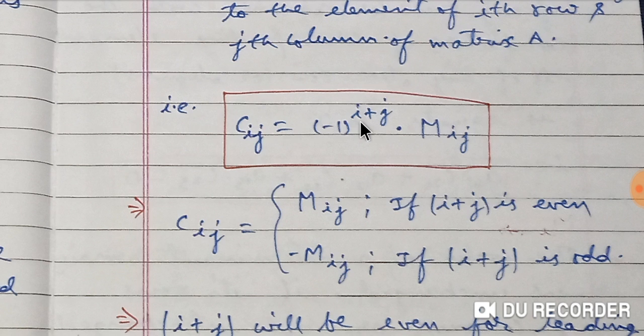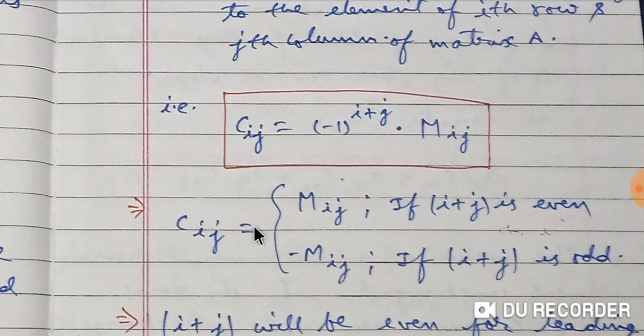So I denotes the row, and j denotes the column. We give the values of the row and column and calculate this term. I plus j gives us a sum, we find this exponent, and the result will be either plus 1 or minus 1, which is multiplied with the minor.